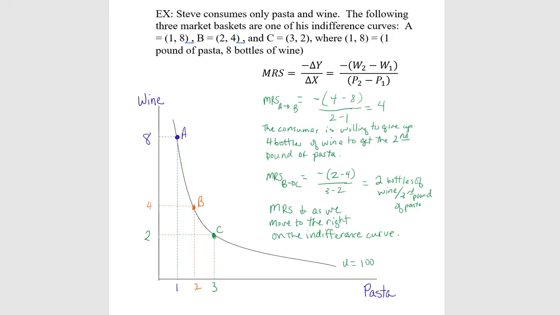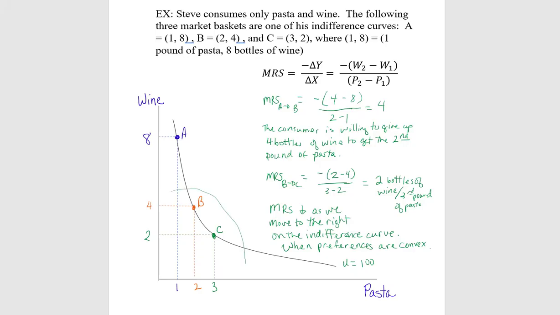This concept of the marginal rate of substitution going down as we move along the indifference curve is pretty common, makes pretty good sense to us as consumers. And this happens when preferences are convex. When we say convex, think about lenses, concave and convex. This is convex to the origin. Remember, concave would be this direction from the origin.